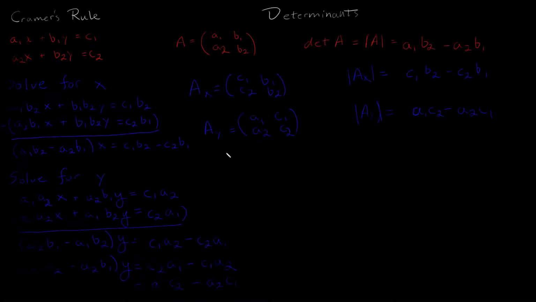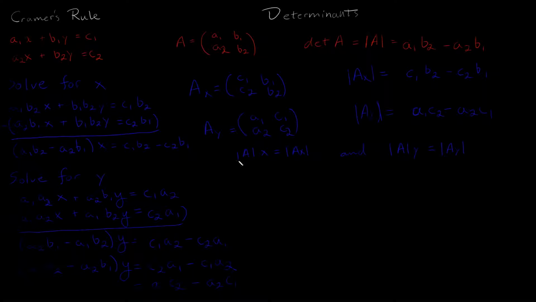Okay, so at this point, we could rewrite these equations. So I will. That means we have the determinant of the coefficient matrix times x is equal to the determinant of this A sub x matrix, and the determinant of the coefficient matrix times y is equal to the determinant of the y matrix.